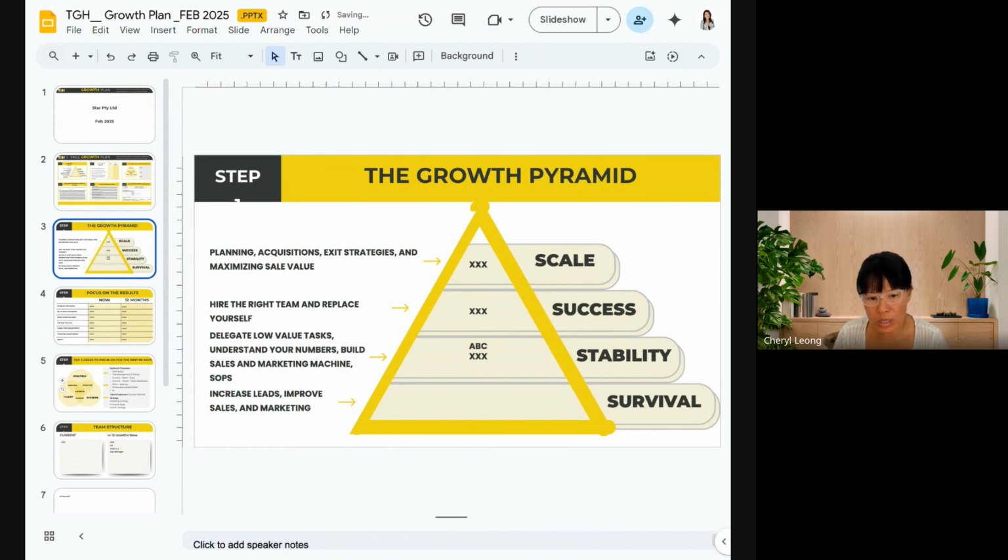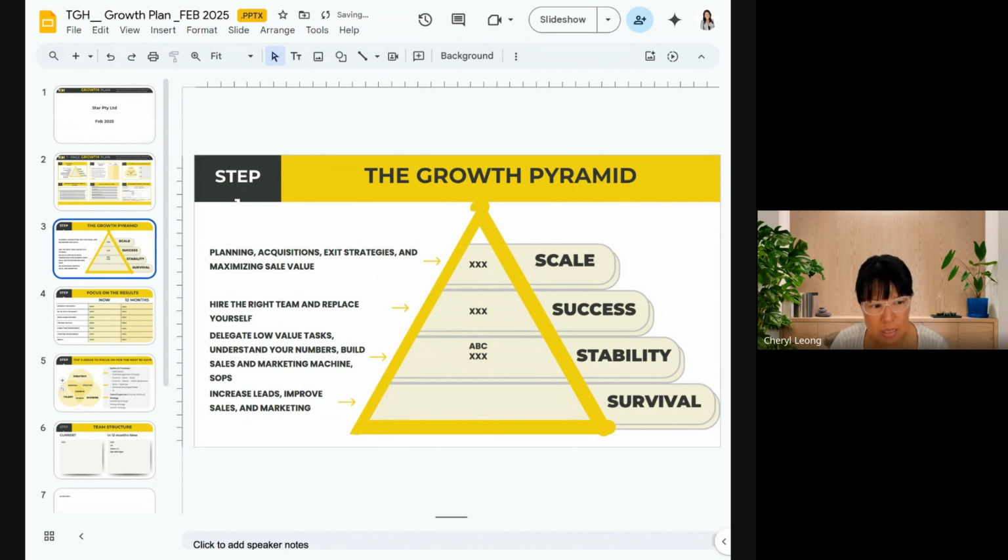So what we do with our clients is we understand where they are at this point in time in their journey, and then say, okay, where do you ultimately want to be for your next level? What does the next level look like for you? Generally, it's the next level on the pyramid, so we know the type of things that we need to focus on.